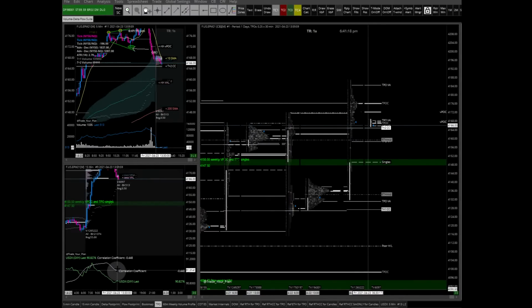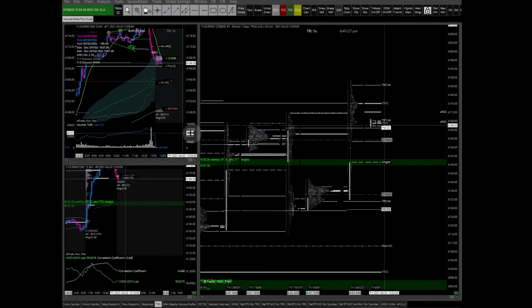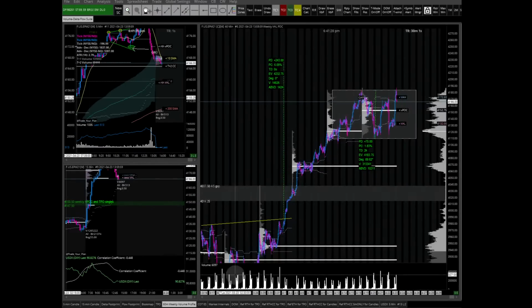This is a 15-minute chart. It's also weekly confluence. It's also singles. It's also about halfway down balance. You've also got all this here.